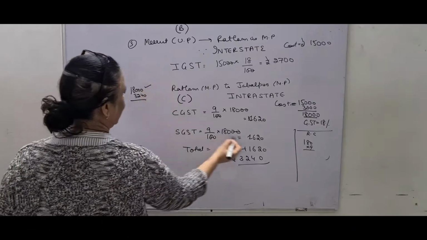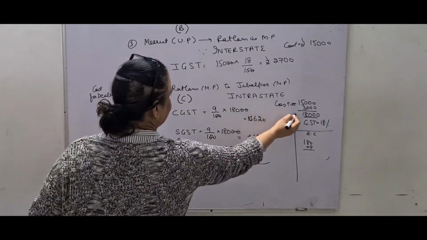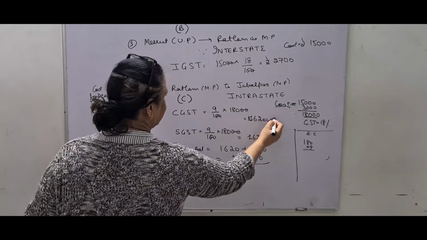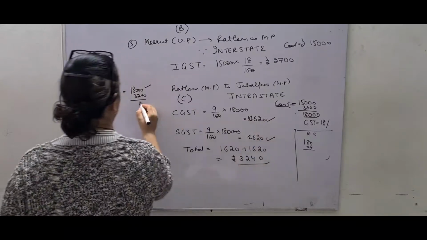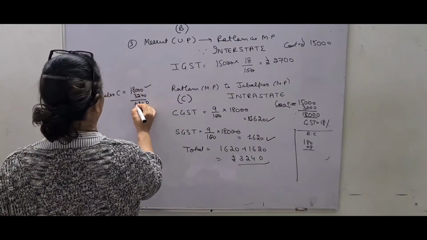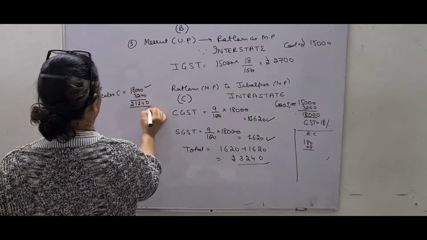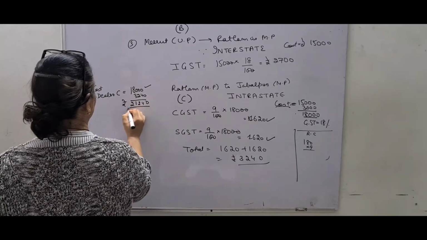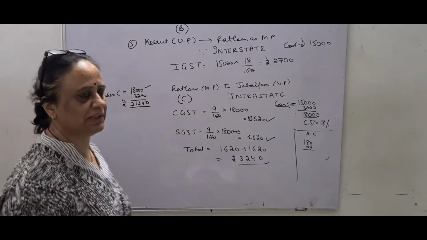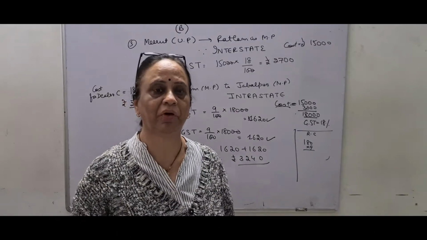That is the basic price or cost plus CGST plus SGST. So first answer is rupees 21240, and this is the cost in Jabalpur for dealer C.